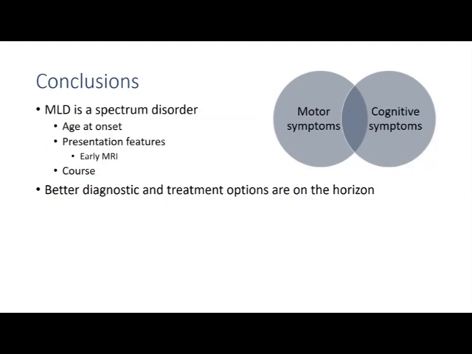The course of MLD is particularly well understood for the late infantile form, but further research is needed into better understanding how children are progressing and why they progress at different rates within the juvenile cohort. There are exciting diagnostic and treatment options on the near horizon for MLD. So I urge you to keep your eye open for these developments as our understanding and our options for MLD are rapidly changing.